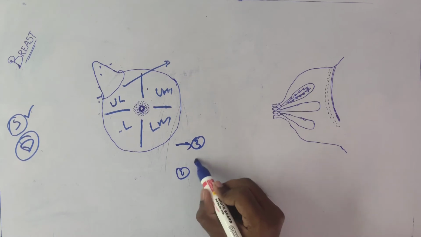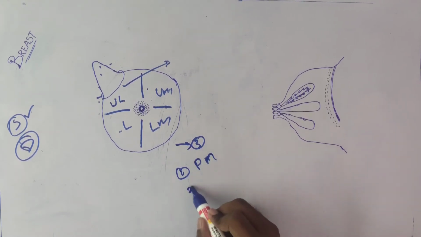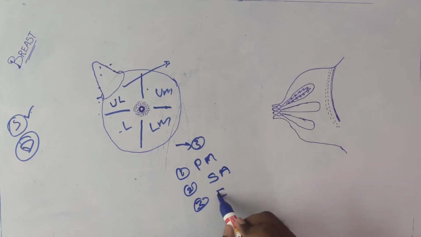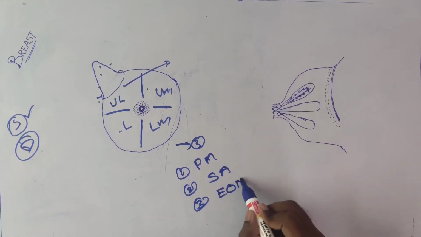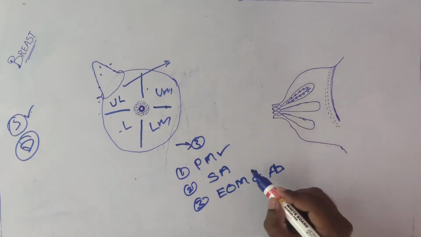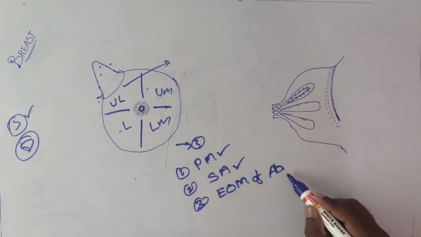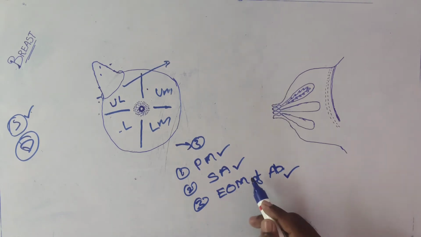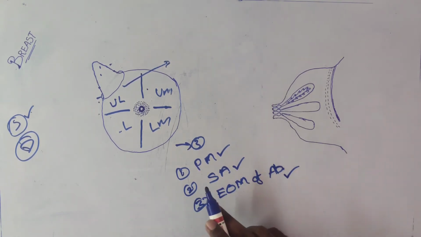First one is pectoralis major, second one is serratus anterior, and the third one is external oblique muscle of abdomen. These muscles cover the breast, and the breast is separated from the pectoralis fascia by loose areolar tissue.